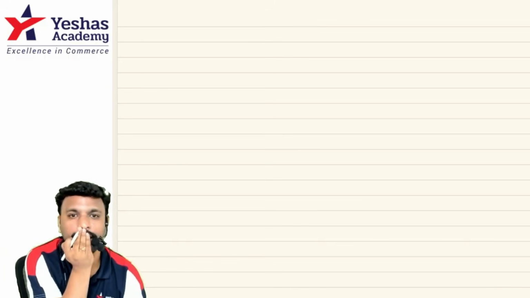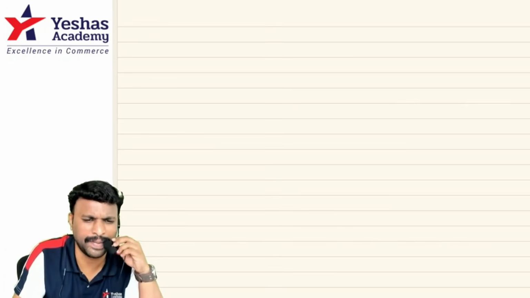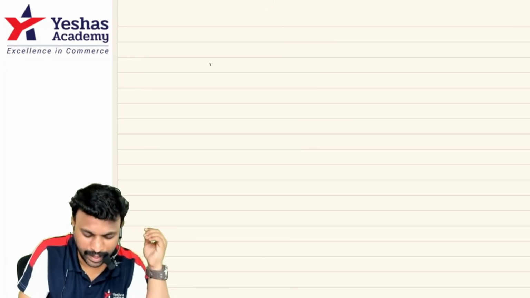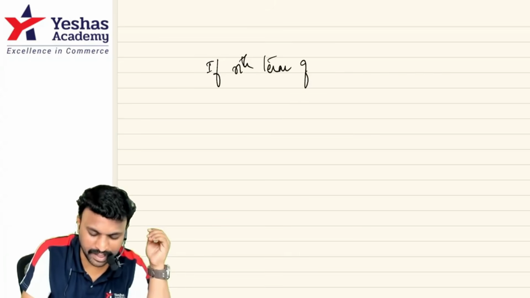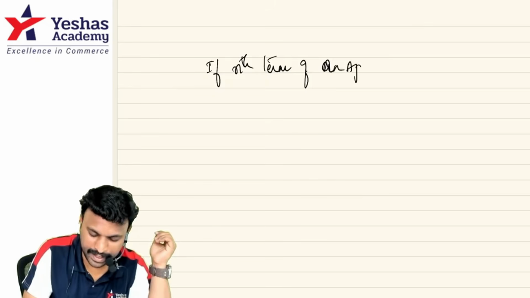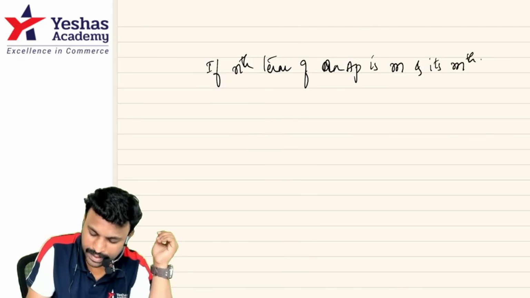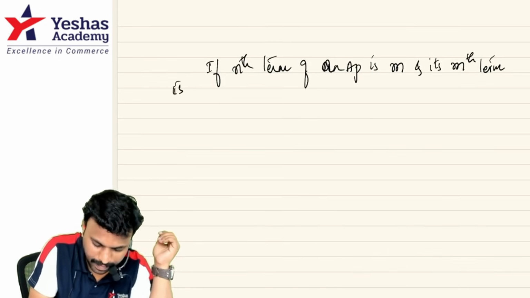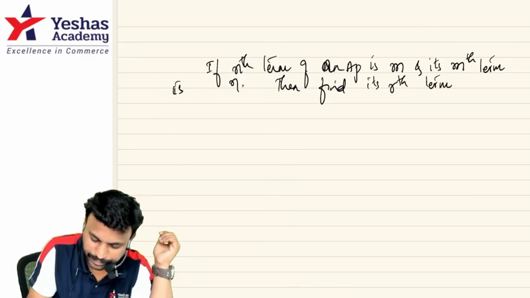Please take down a note. Let me explain that note through the question only. Everybody, if the nth term of an AP is m, and its mth term is n, then find its rth term.